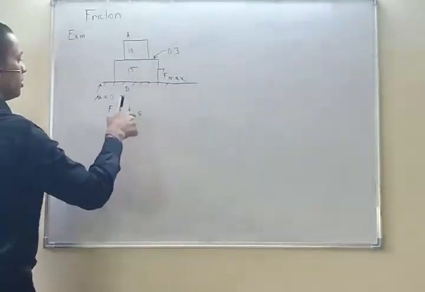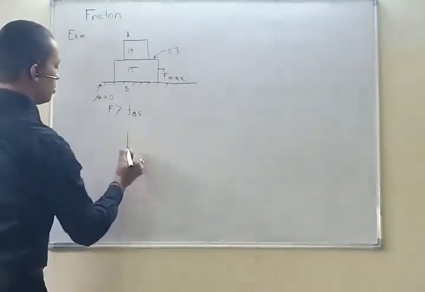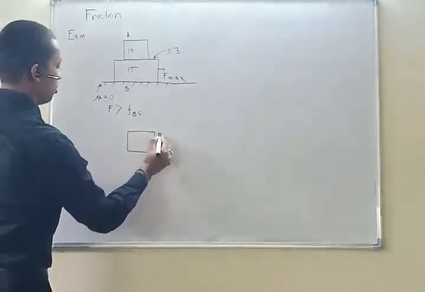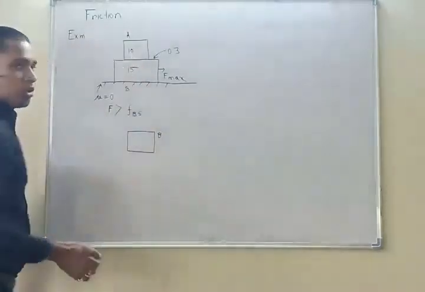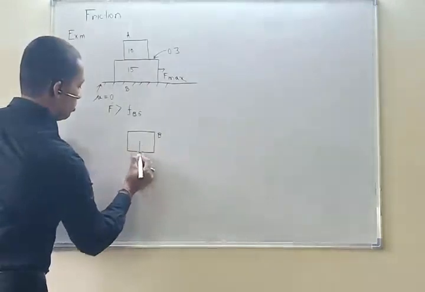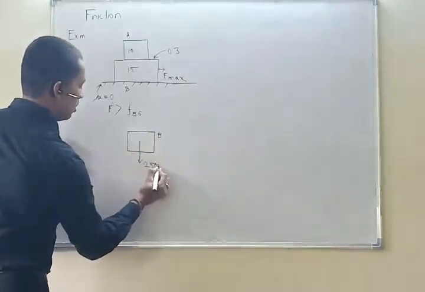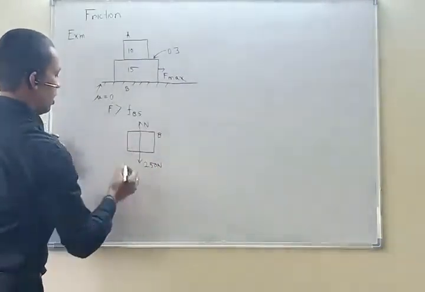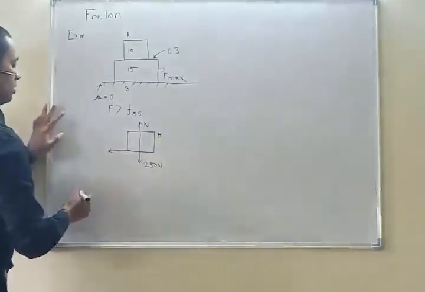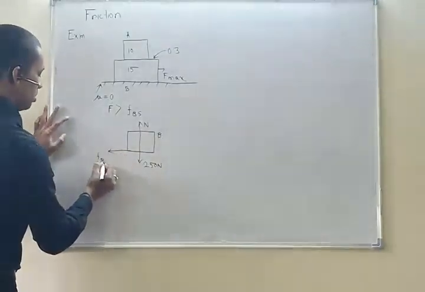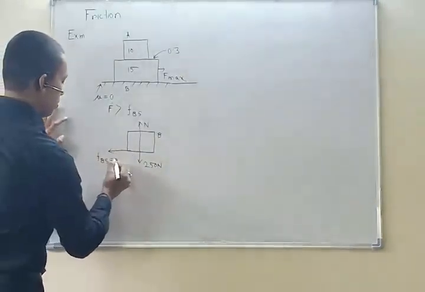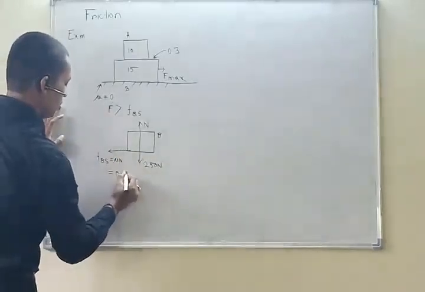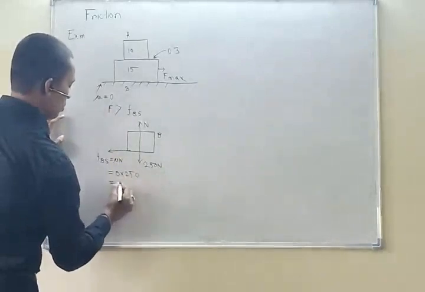What is the frictional resistance offered by the surface on B? See, if I draw a free body diagram of block B, 10 plus 15 is 25 kg, I am taking it as 250 Newton weight. The normal N is acting upward, and the frictional resistance F_BS should be equal to mu times N. Mu is 0, times 250, that is 0 Newton.